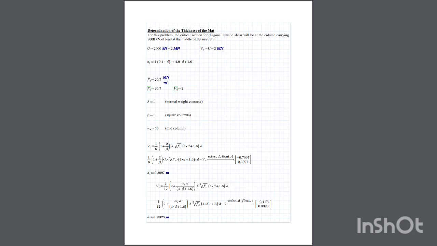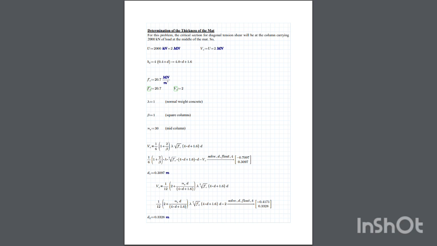Determination of thickness of the mat. For this problem, the critical section. So U is equal to 2000 kilonewton, which is equal to 2 meganewton. And then we find B0 is equal to 4.0 multiplied by D plus 1.6.